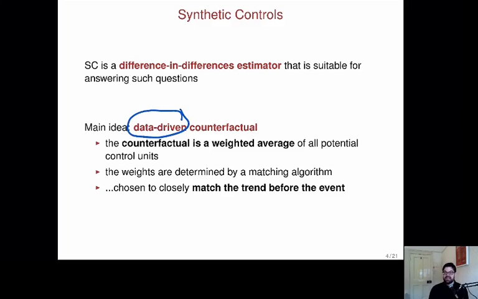Okay, so we let an algorithm choose the counterfactual. So that's obviously very, very different from the other methods.